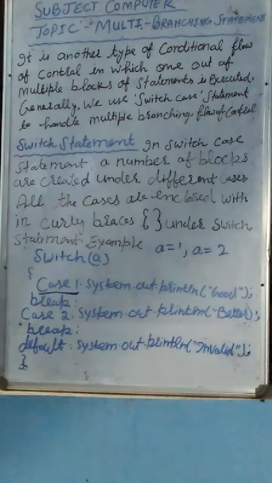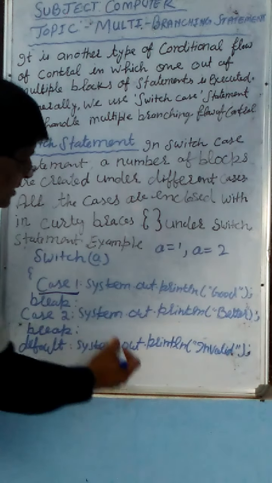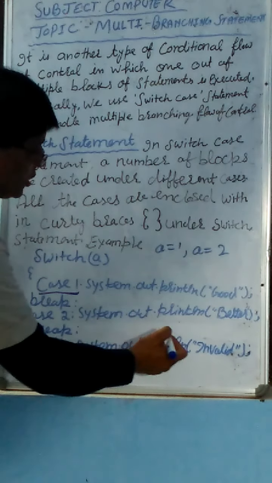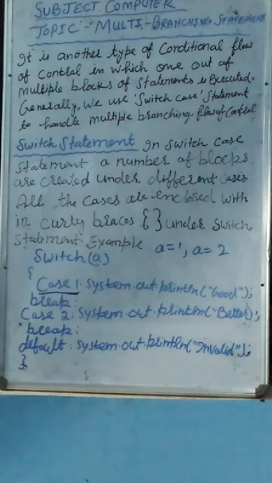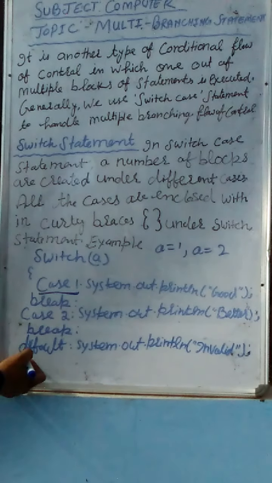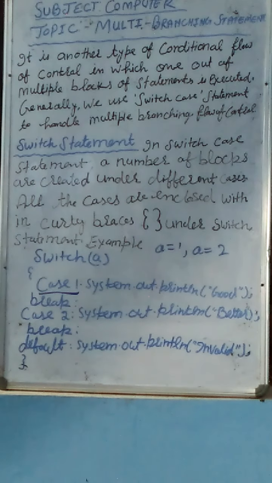Suppose you give 3, 4, 5, 6, then by default, for any number or any case you give, it will print the message with the help of System.out.println invalid key, and then the brace will be closed.